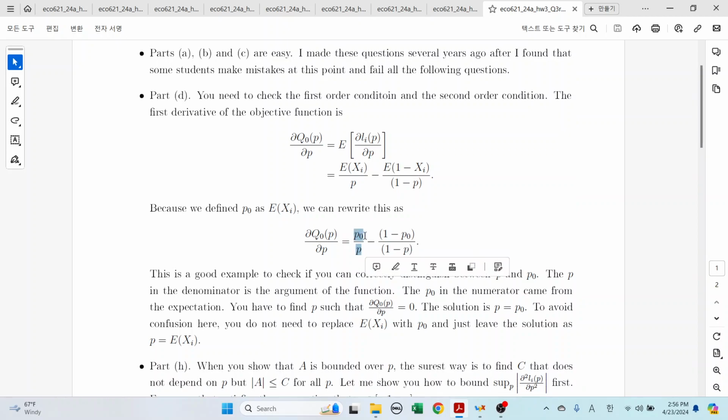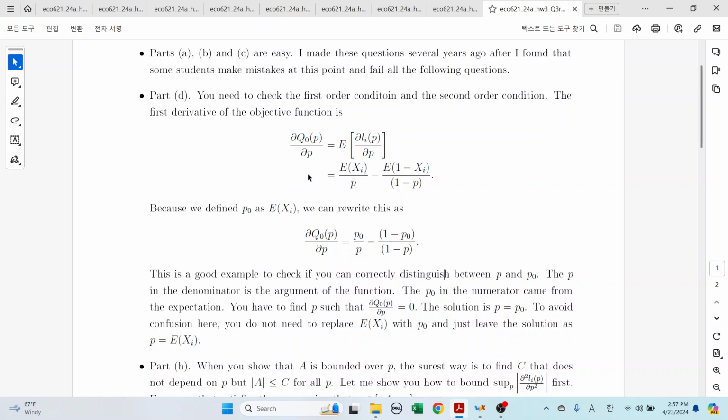P0 is specific, the true value, and this denominator P is the argument of the function. This denominator can take any value between 0 and 1. So it is a function with respect to this guy and this guy, so these two are variables. They are changing, and the numerator P0 is simply the expectation, which is constant, the true value.